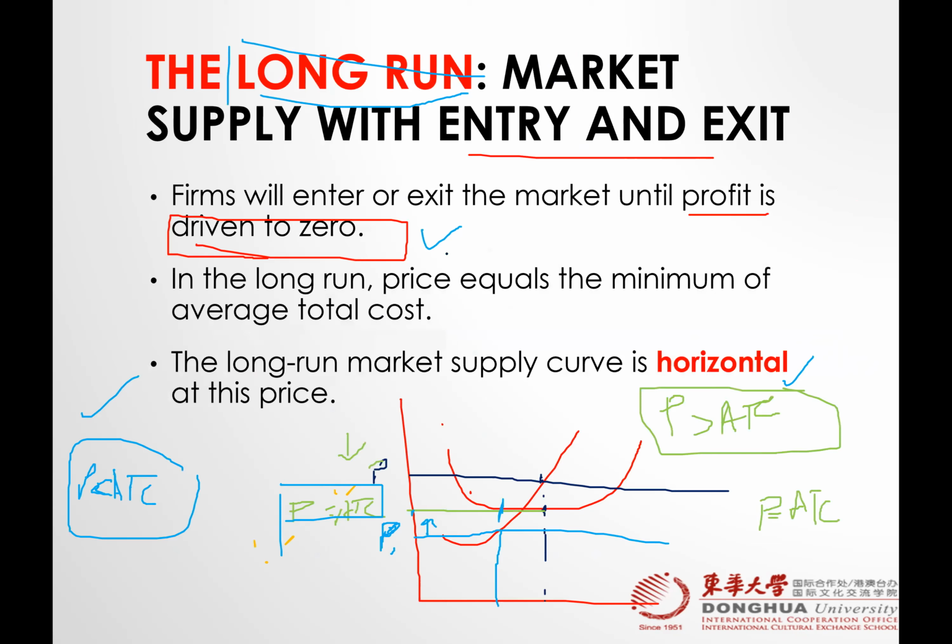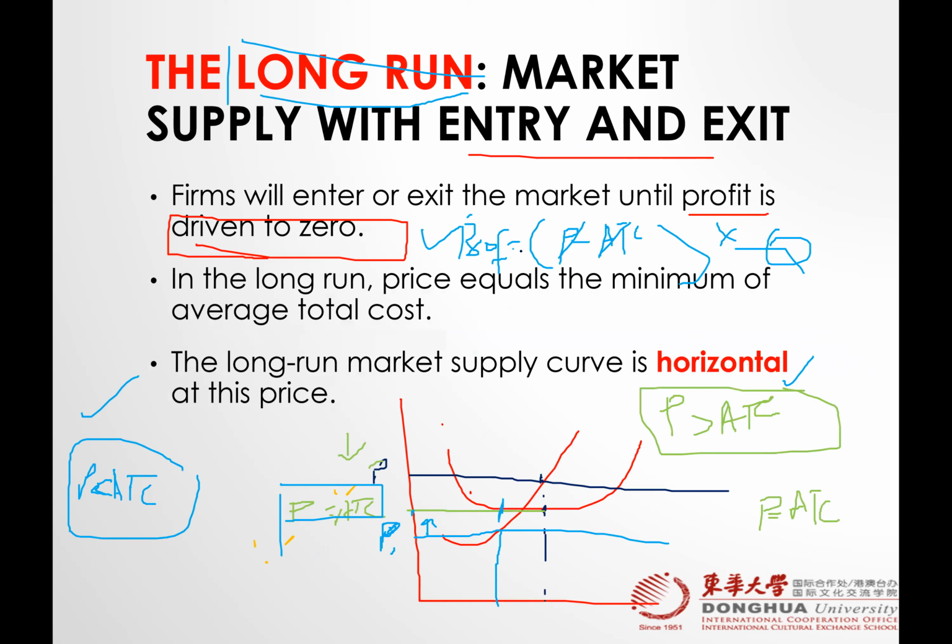So look at the profit formula. Price minus average total cost multiplied by quantity. When price is equal to average total cost, it means this becomes zero. Zero multiplied by the quantity, profit is going to be zero as well.